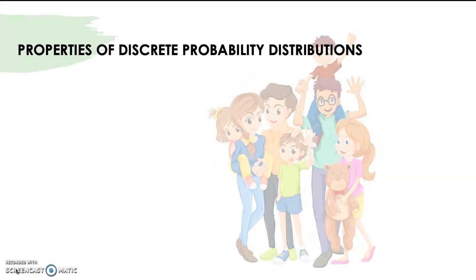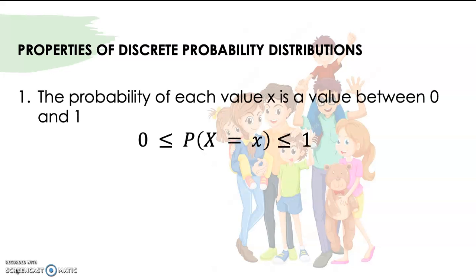Now let us focus our discussion on discrete probability distribution. There are two key properties of discrete probability distribution. The first one is that the probability of each random variable, or x, is between 0 and 1.